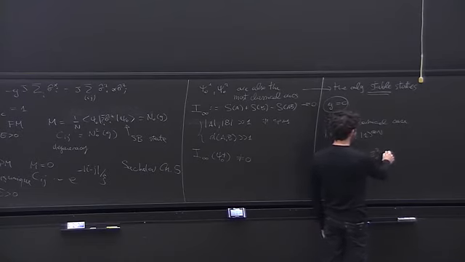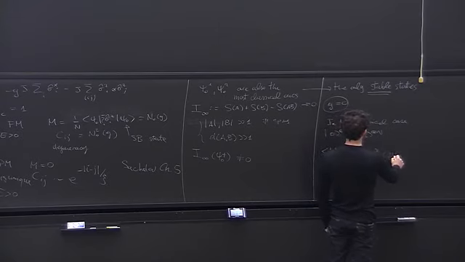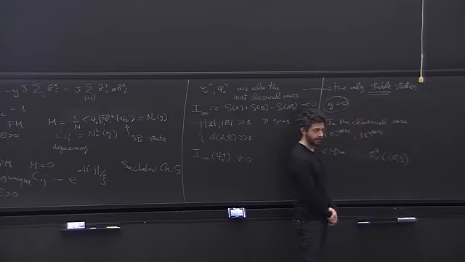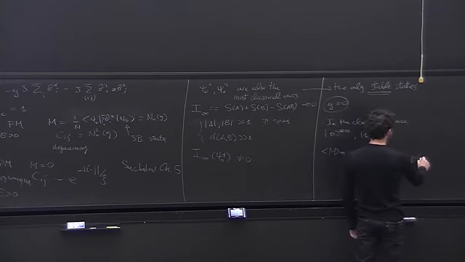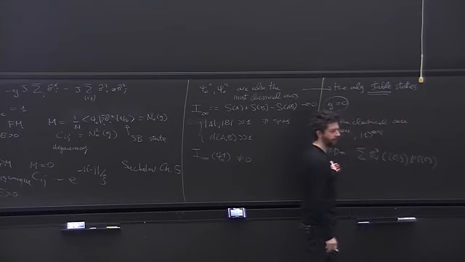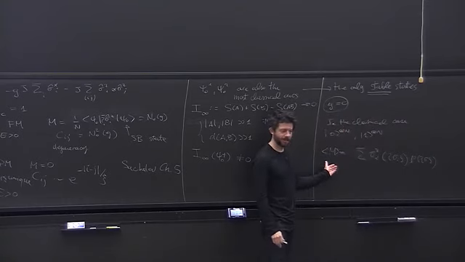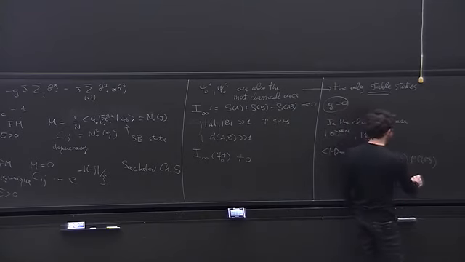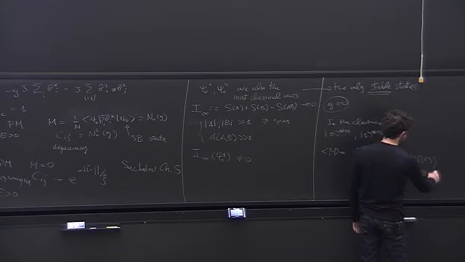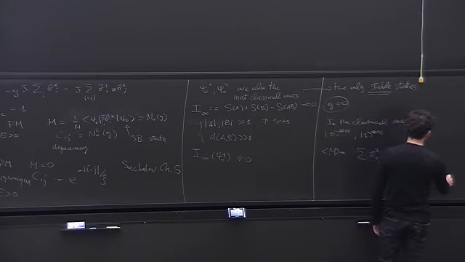This will depend on your spin configuration, and you have a probability for this spin configuration. Then you sum over all the probabilities, so you have the expectation value. And this probability is the Boltzmann weight, e to the minus beta times the energy of the spin configuration, over the partition function.